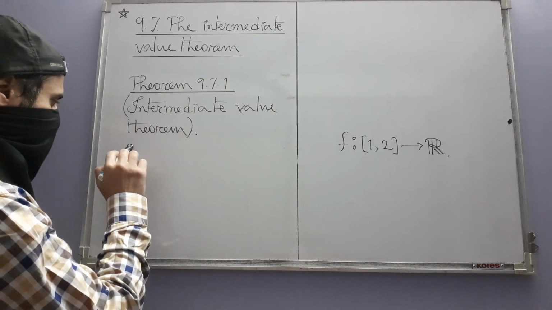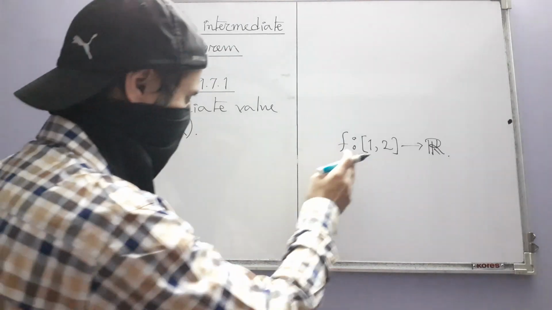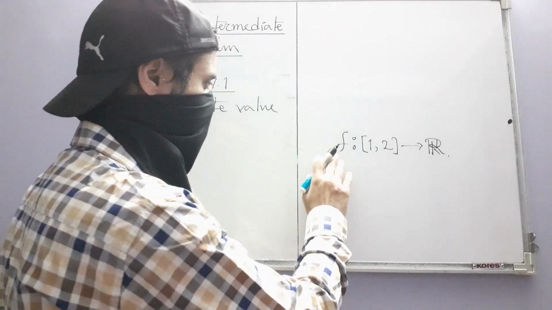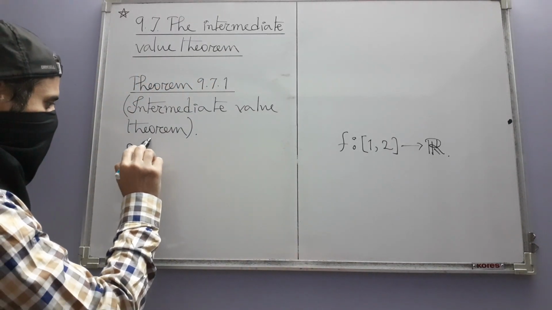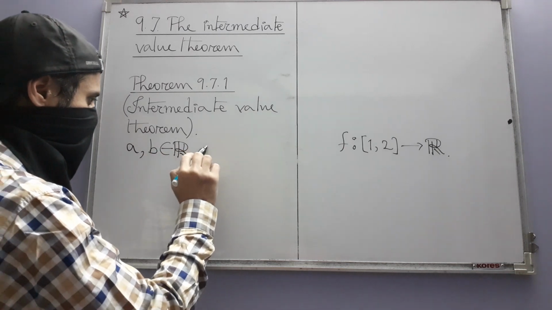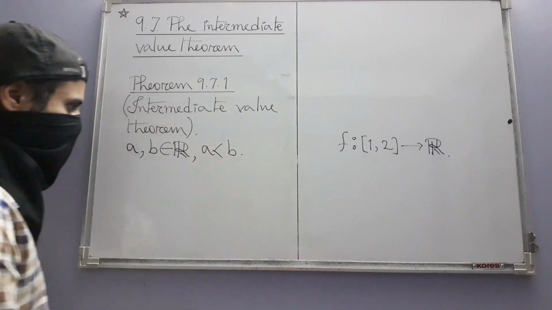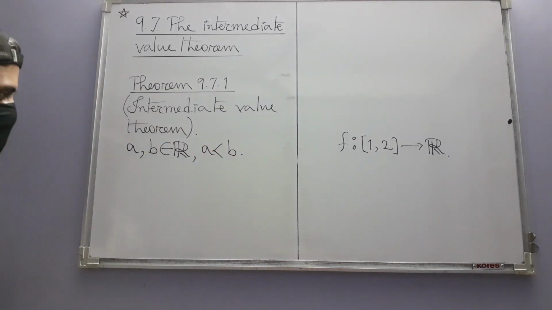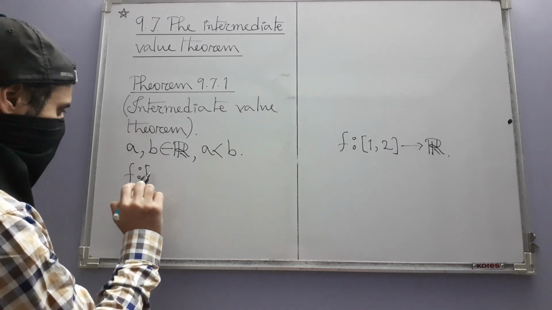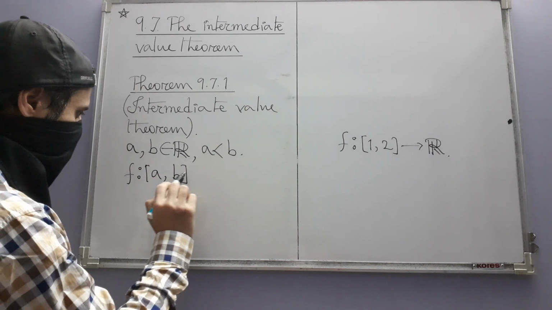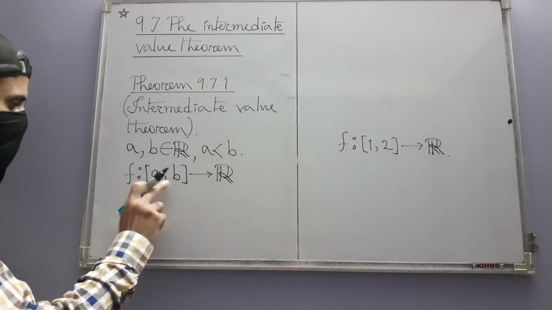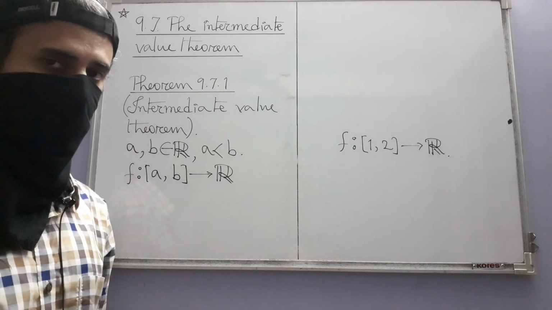We have, again, just like how we started another theorem in the previous section, namely the maximum principle, two real numbers a and b such that a is less than b, and there is a continuous real valued function f with this closed interval as its domain.